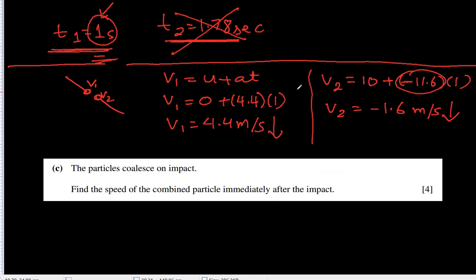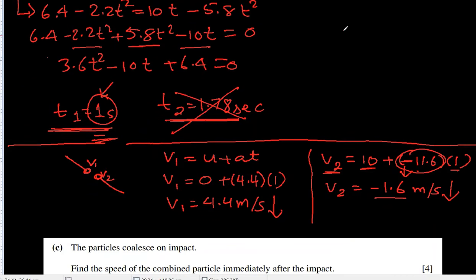Be very careful. Let me take some time to explain this. We took V2 as positive, so its u was also positive. Acceleration was downwards, that's why it is negative. And in 1 second, we got V2 equal to minus 1.6 meters per second. That means the particle came down. Before that, it reached its highest position and turned back, and it was also coming down when they collided.